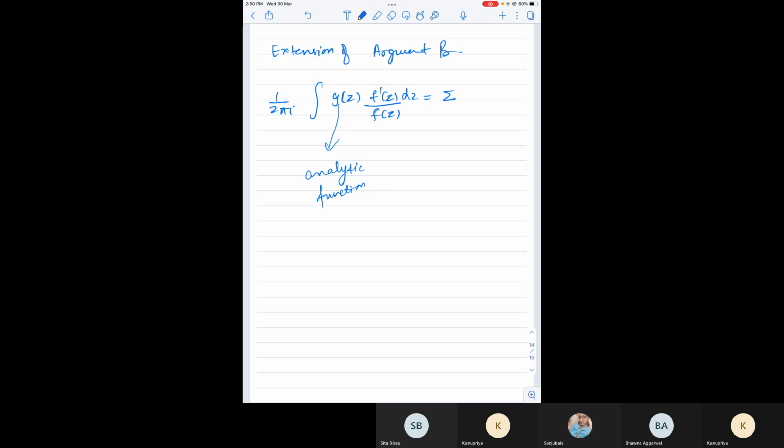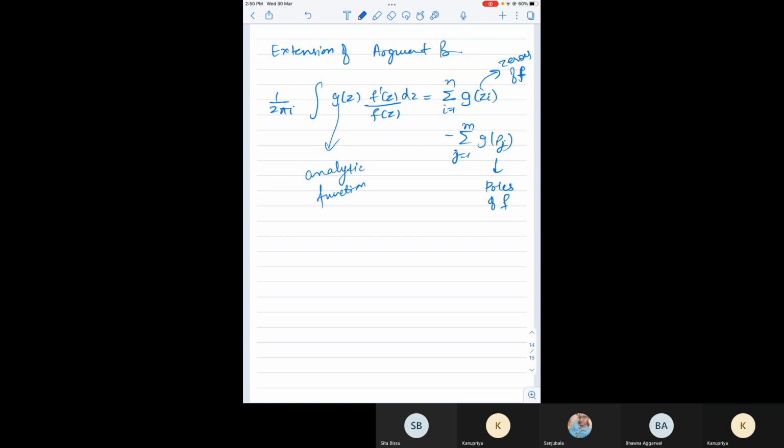This is equal to the sum of g of z_i minus the sum of g of p_j, where z_i's are the zeros of f(z) and p_j's are the poles. This is the extension of argument principle.